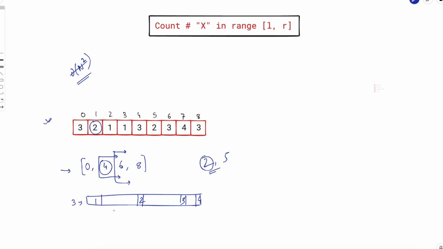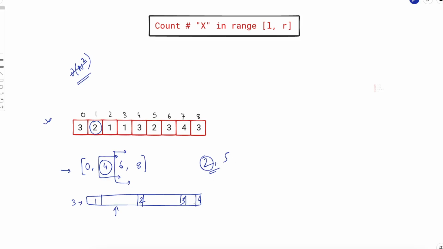Now instead of maintaining these extra 1s and extra 2s and extra 3s, we are saying that we know everything up till here is 1, everything up till here is 2, everything up till here is 3, and then after that everything is 4. So we'll simply do a binary search. For 2, we'll simply say where does 2 lie? 2 lies here. So the value would simply be this particular thing.